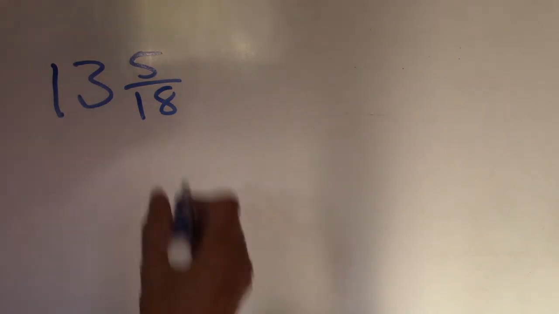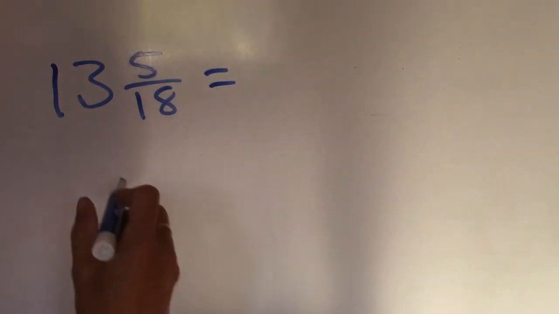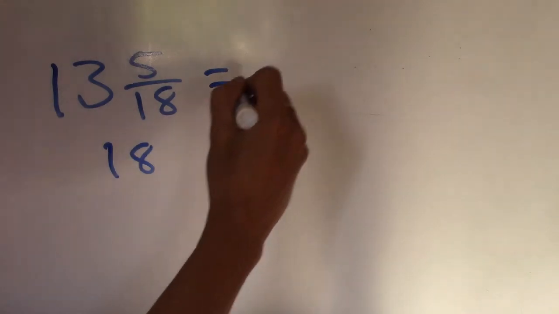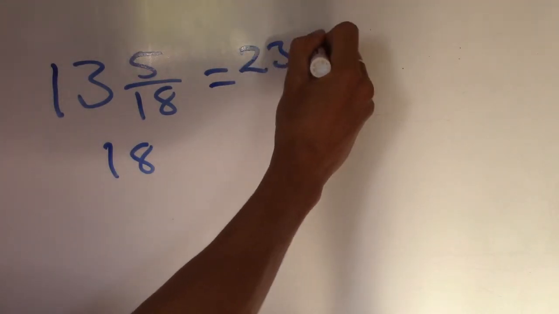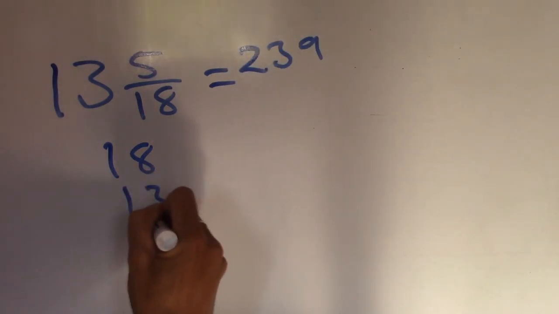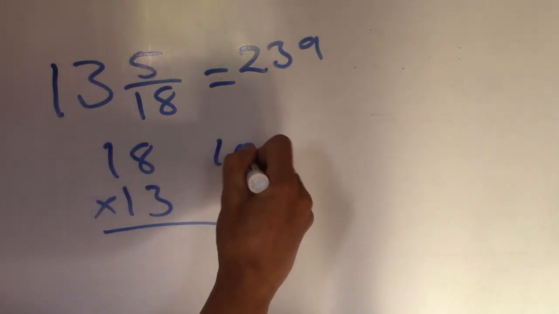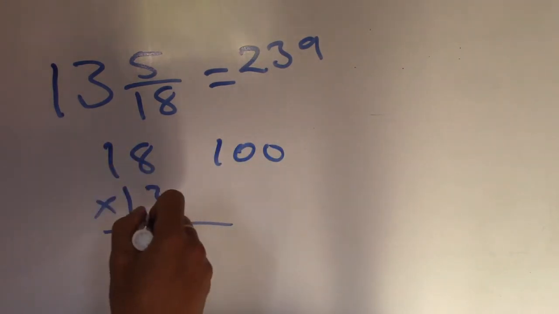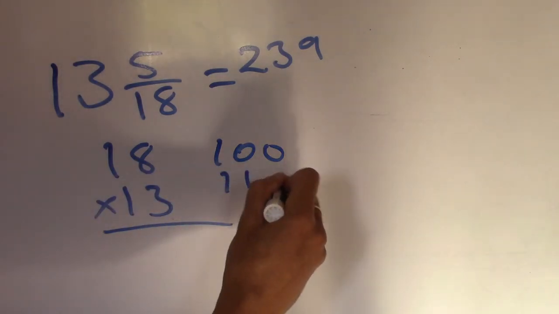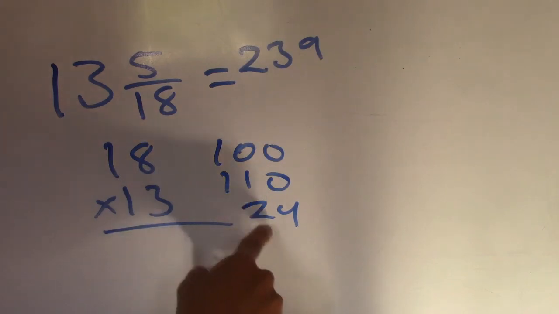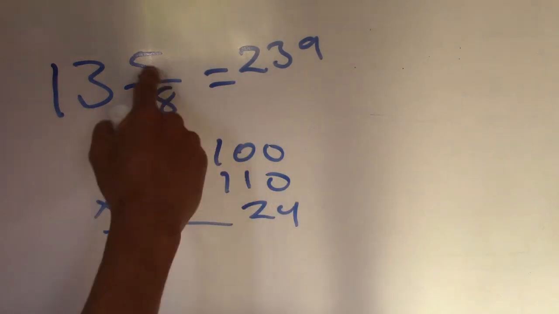All right, well, but we're not done. 239. I'm impressed with your ability to do this. What do we have? We have 100. And then how many tens? We have 11 tens, right? And then 24, which is 234. And then we add the 5, because we've got this 5 over here.